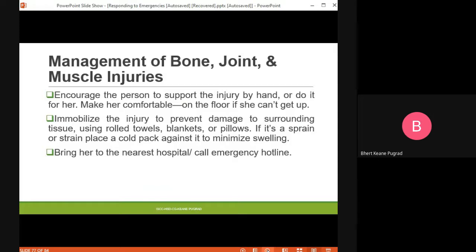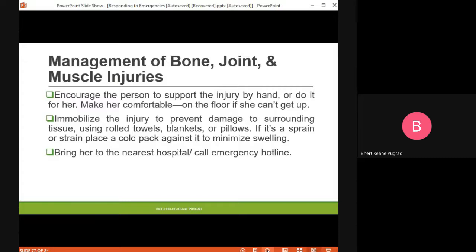If we notice that the patient fell on the floor, first we need to encourage the patient to support the injury by hand and not do it for her. For example, ask him to raise his hand. But if he cannot raise his hand, don't force him. You need to make the patient comfortable if she can't get up.